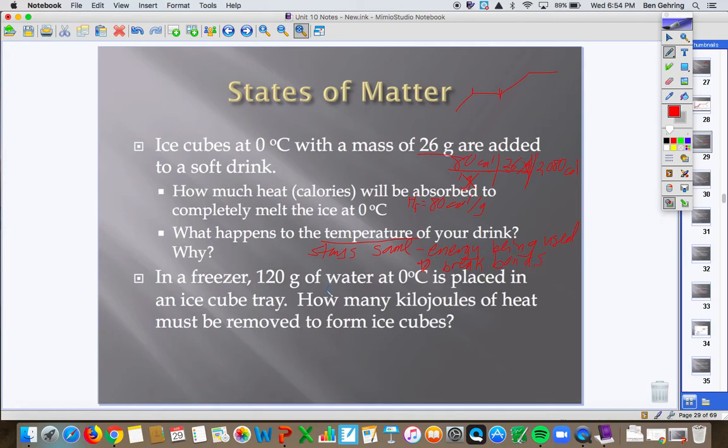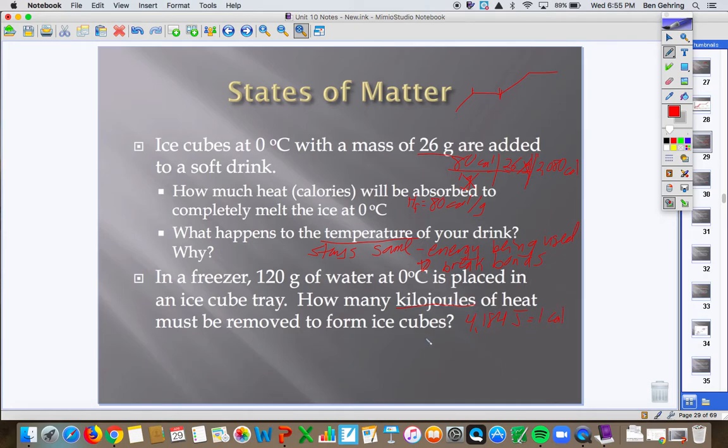All right, and then in the bottom, I give you this example. You can practice, try this one on your own. Notice you're going to kilojoules. So again, you have to convert calories, and remember there are 4.184 joules equals 1 calorie.